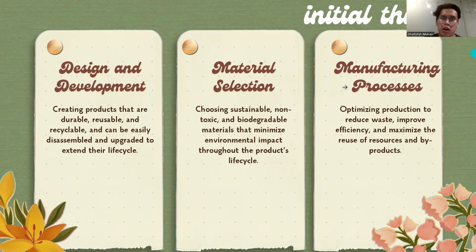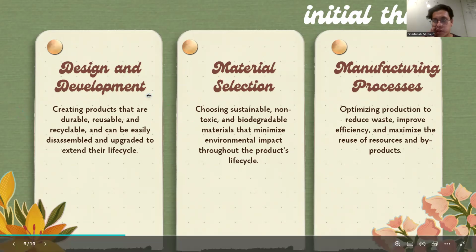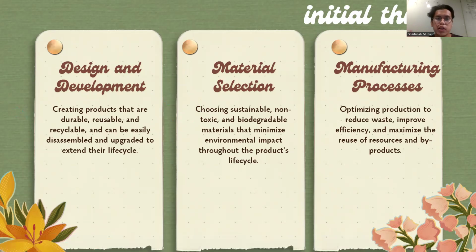These three points are in initial thinking because they are the components that we must take care of, and we need to prioritize them because they affect circular economy in engineering so much.